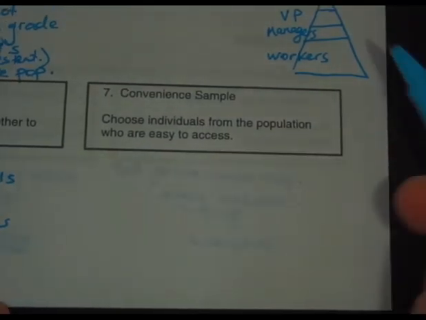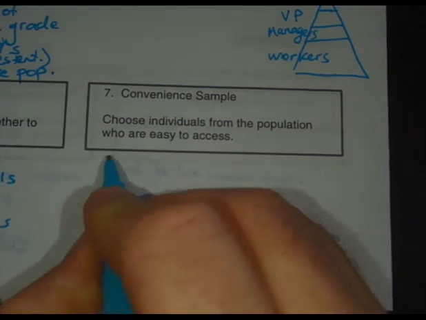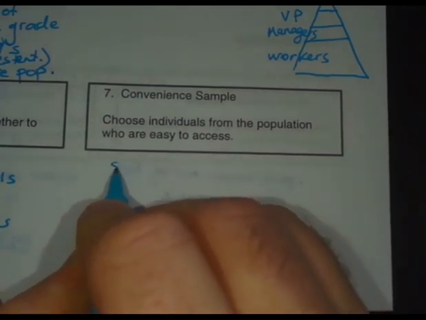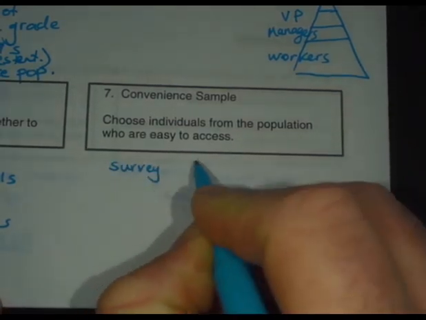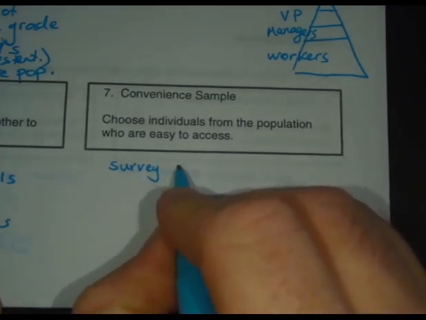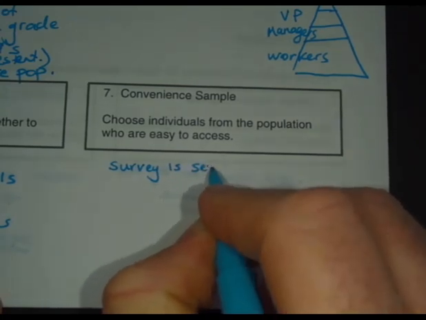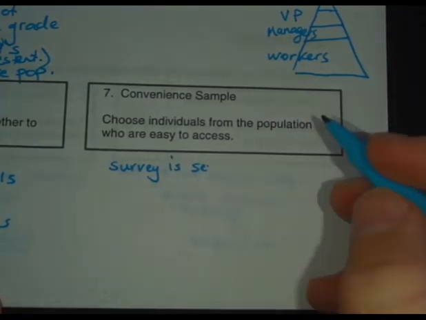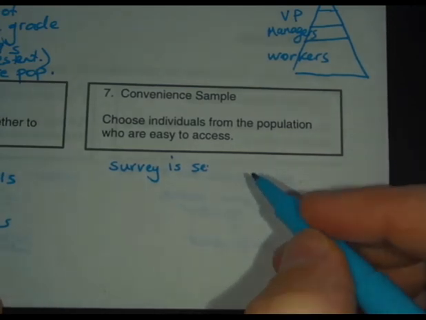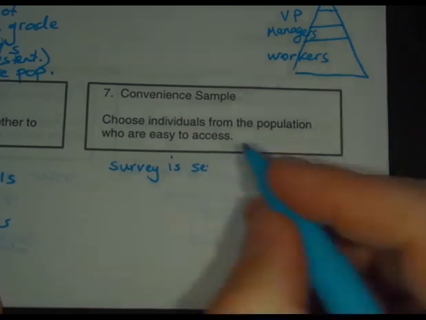A convenience sample chooses individuals from the population who are easy to access. So a way of saying that is that the survey is presented to, it kind of goes out to those people.